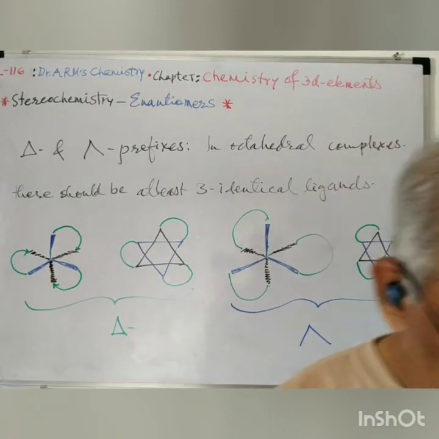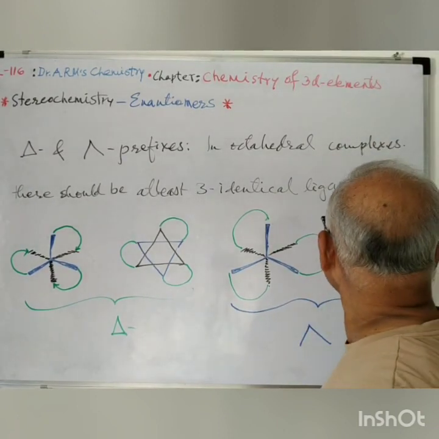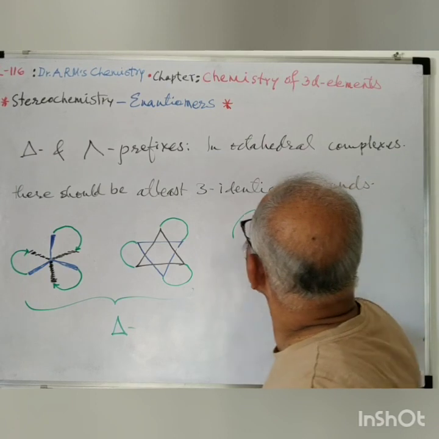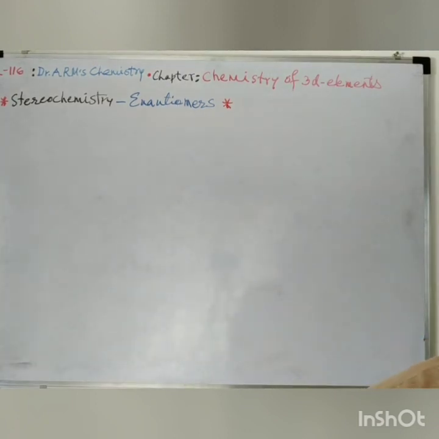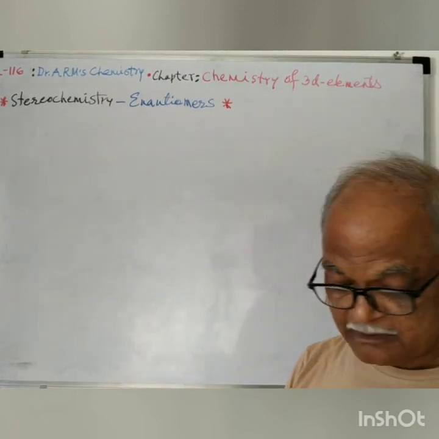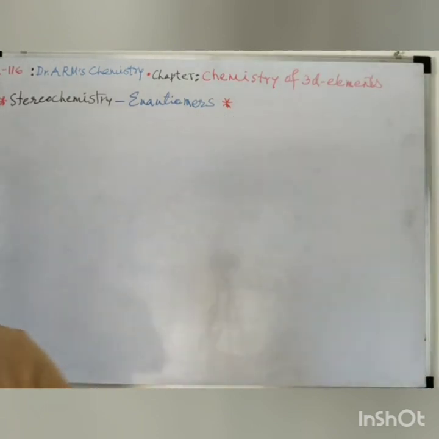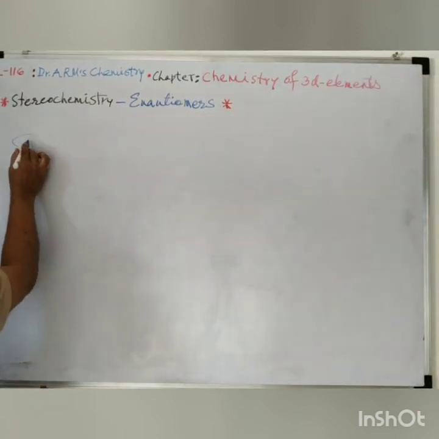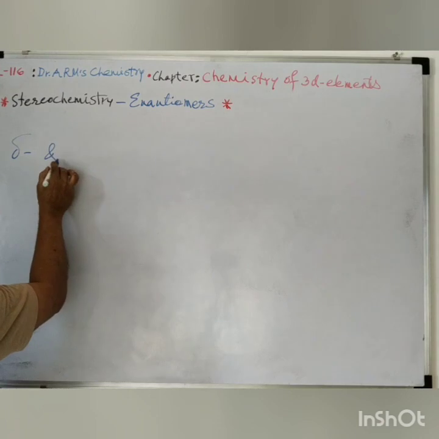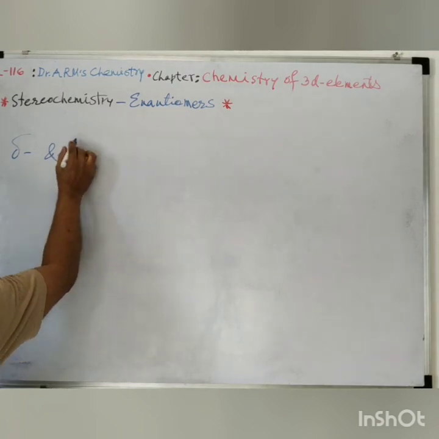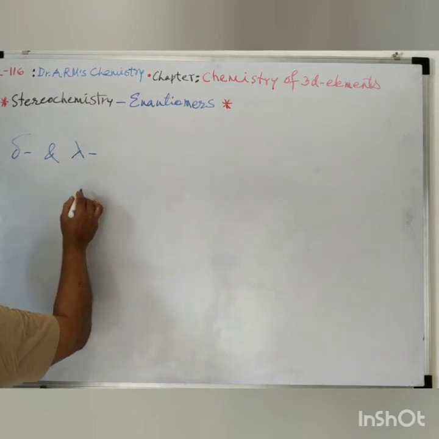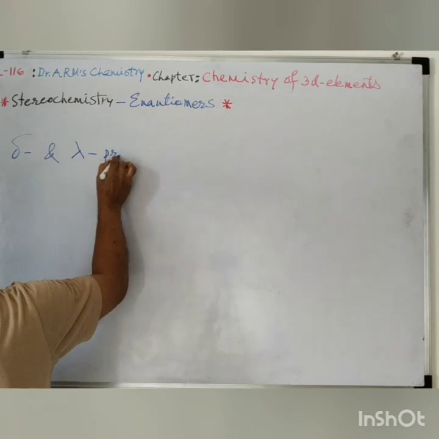Now the third structure is third type like this, that is delta and lambda prefixes.